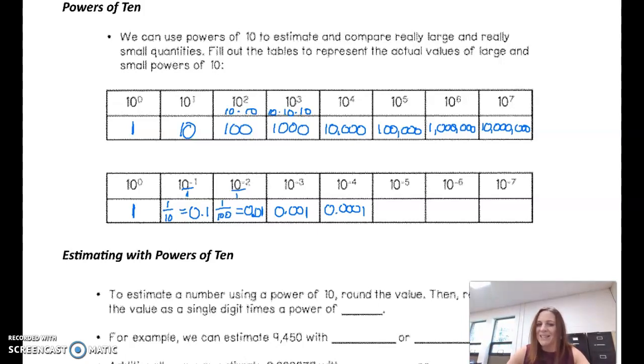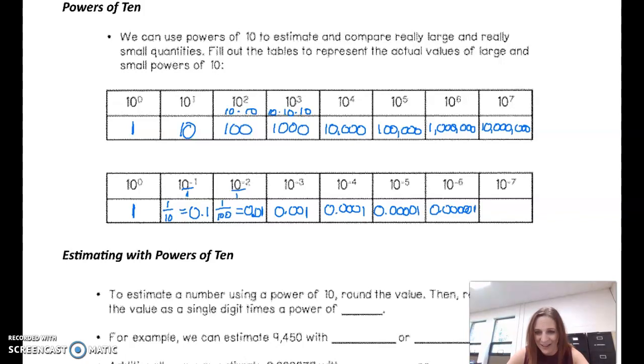Think of this more as 4 decimal places. I know we have the 0 here, but it's 1, 2, 3, 4 decimal places. 10 to the negative fifth is going to be 1/100,000th. Okay, so again, 3, 4, 5 decimal places, and that 1 occurs there. And then 10 to the negative 6 is 1/1,000,000th.